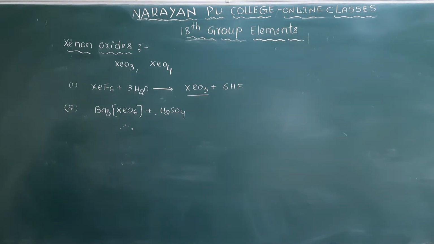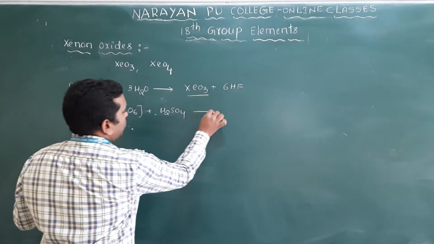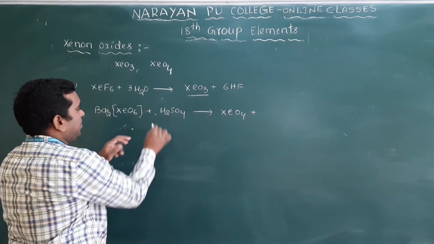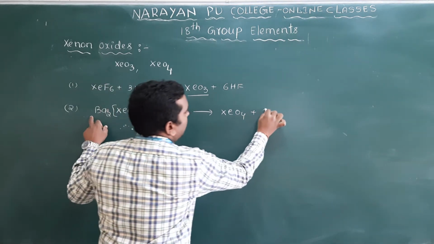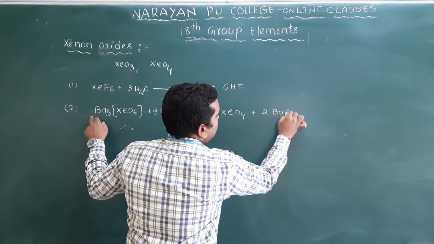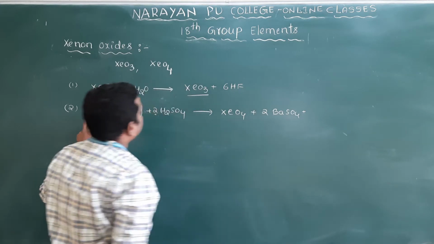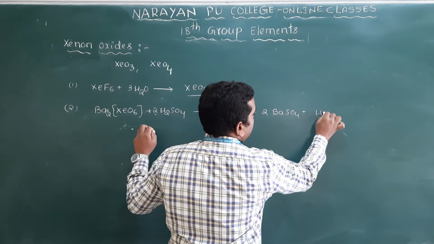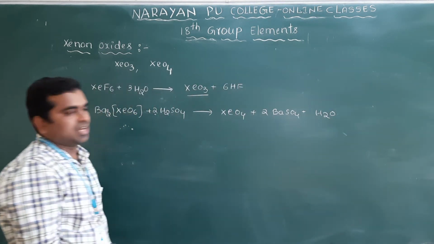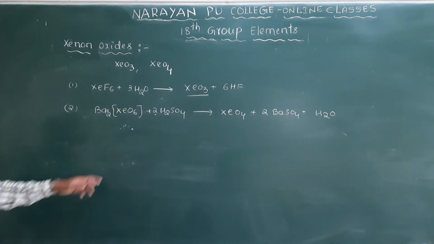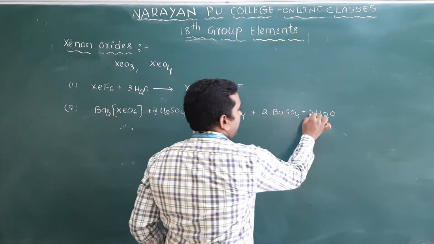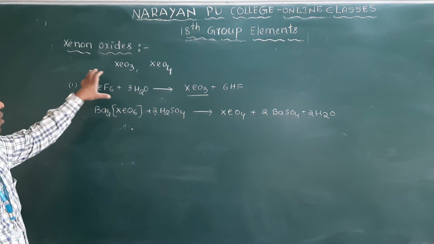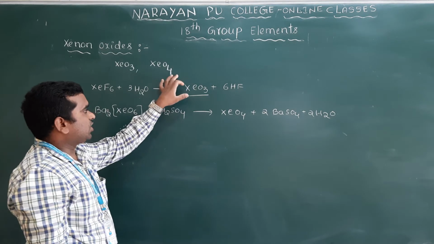Then what will you get here? XeO4 and barium sulfate, so you have to take 2 moles of barium sulfate. Then hydrogen is there, and it will be removed as H2. So this is about the preparation of xenon trioxide and xenon tetroxide.